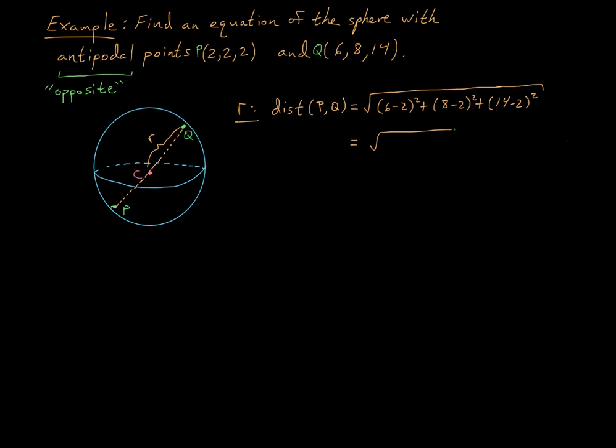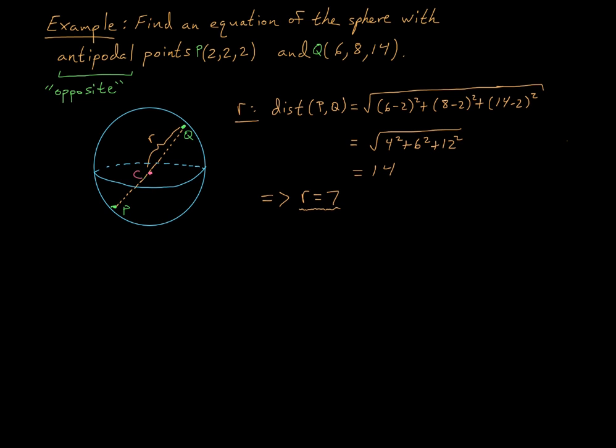Now this is going to be the root of 4 squared plus 6 squared plus 12 squared, which, as you can check, comes out to a nice clean 14, okay? So the distance from P to Q is 14, so then that's telling us that the radius of the sphere would just be half of that, so it'd be 7, okay? So that's one key piece of info.